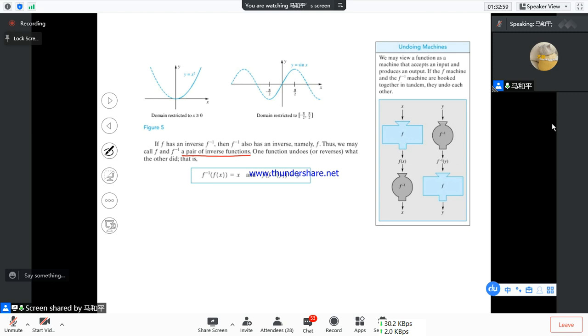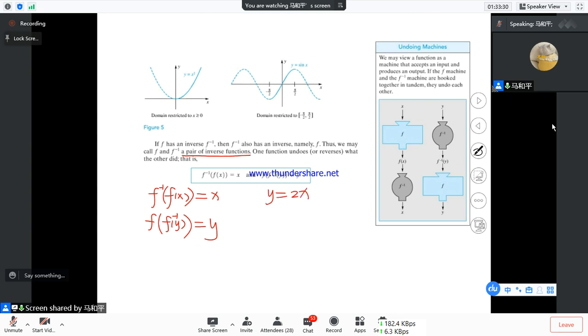First f works on x, and then f inverse works on f(x), and we get x. And if first f inverse works on y and then f, we get y.